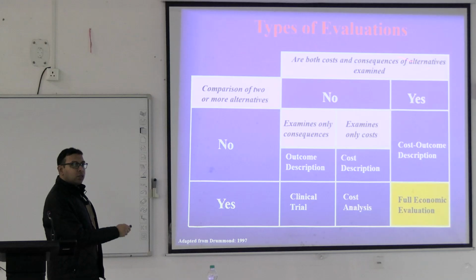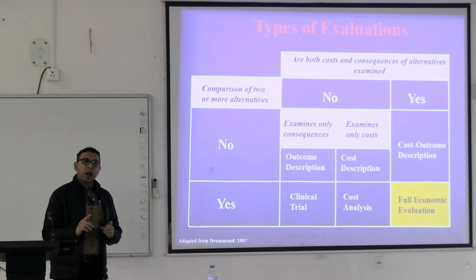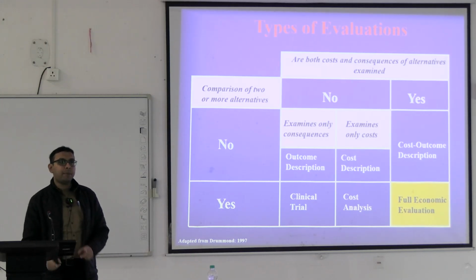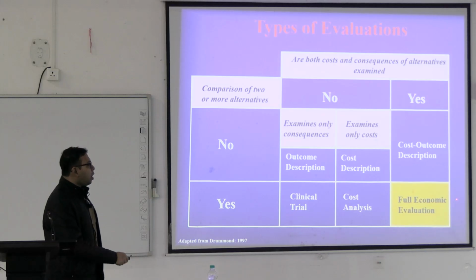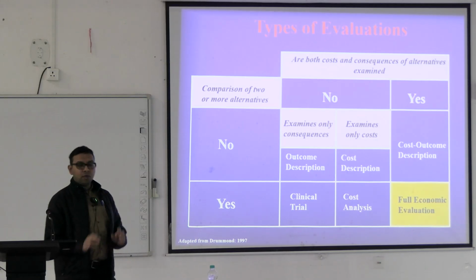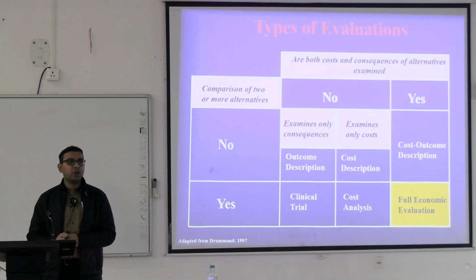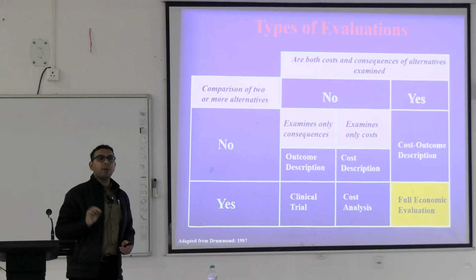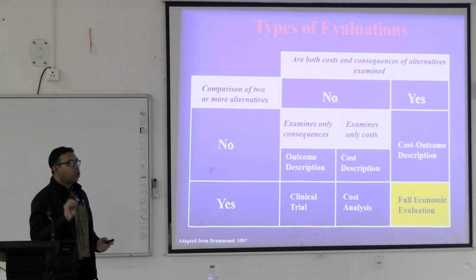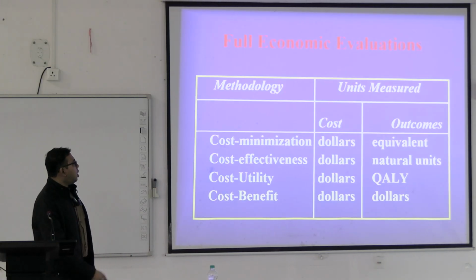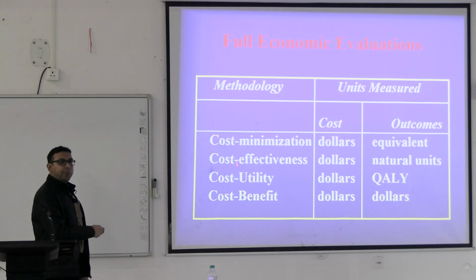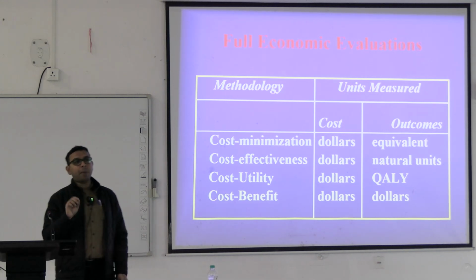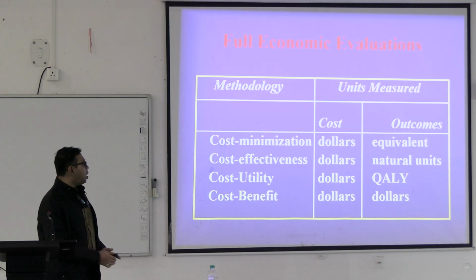But when cost and consequences both are compared and examined, that ultimately determines the full economic evaluation, full pharmacoeconomic evaluation. This is done, and there are different types of processes by which this pharmacoeconomic evaluation can be done. So these are the main four types by which pharmacoeconomic evaluation can be done.